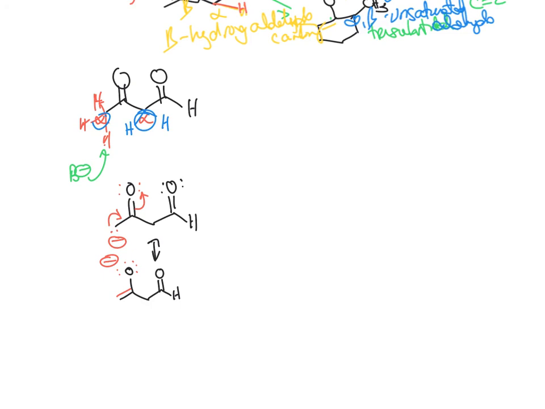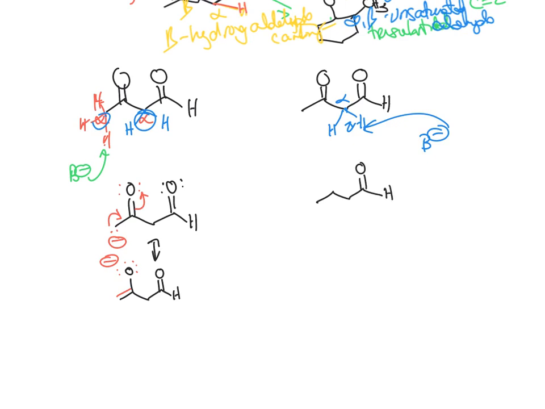There you go. Now, what if our base took the other hydrogen? Okay, so what if the base took this one? So you redraw. Now we draw our resonance structures.